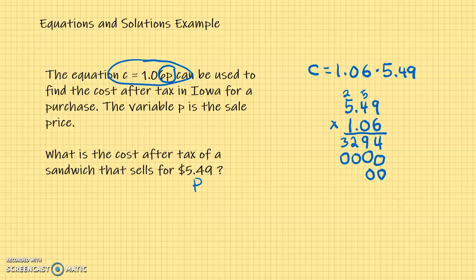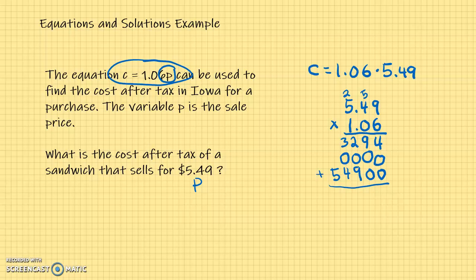Okay, let's go ahead. 1 times 9 is 9. 1 times 4 is 4. And 1 times 5 is 5. Now I'm trying to be organized and line everything up vertically. You see how I have everything written vertically? Okay, good. And now what we're going to do is add.